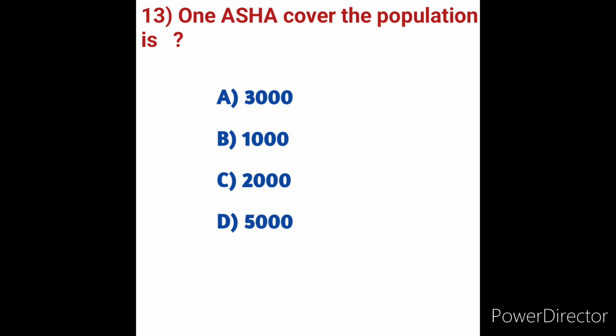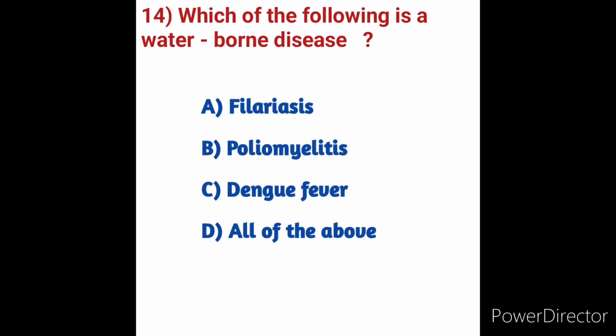Other community volunteers under other government schemes can also be utilized for these purposes. One ASHA covers a population of 1000, option B, which is the correct answer. Next, we will move on to question number 14.